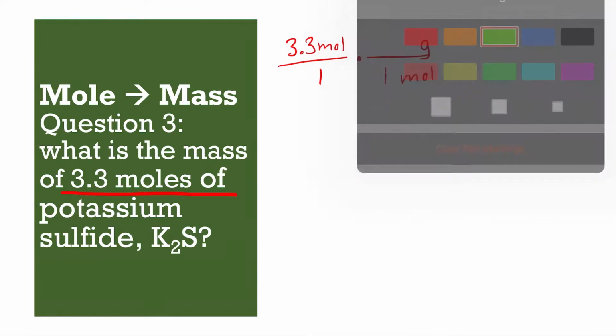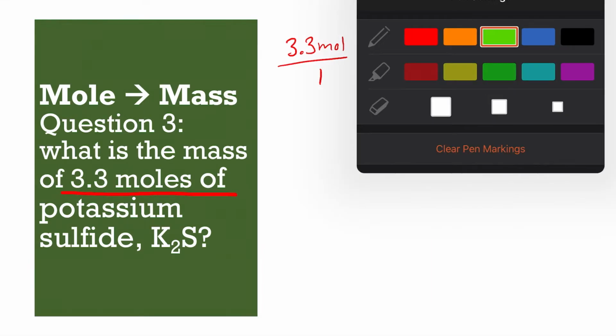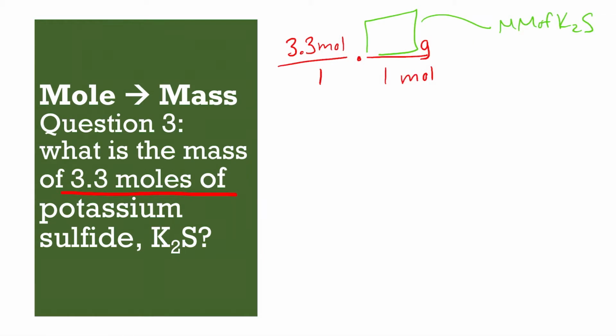So again, in 1 mole, we have so many grams. This is the molar mass of K2S. Now, since it's not given to us in the question, we have to figure it out. Most of the time, the questions will give you the molar mass, and not make you do more work. But it's great practice. We have K2S.